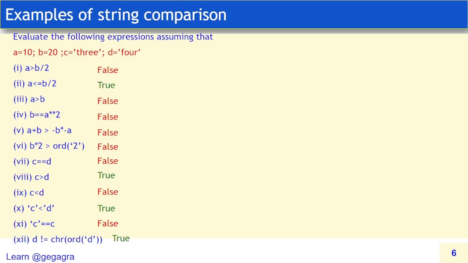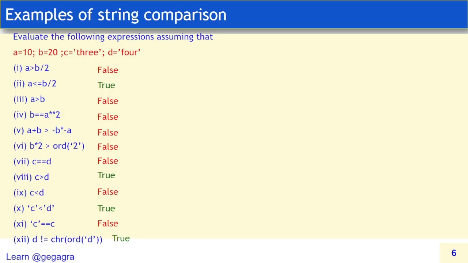So A is greater than B, because we are checking whether A is greater than B, and a condition in computer returns either true or false, that is the Boolean values. On the basis of the Boolean values, these statements return either true or false.